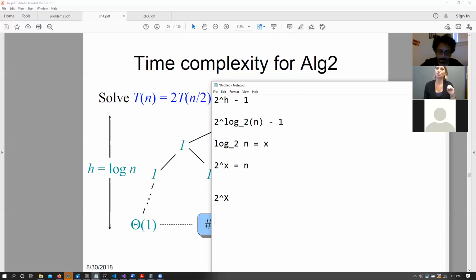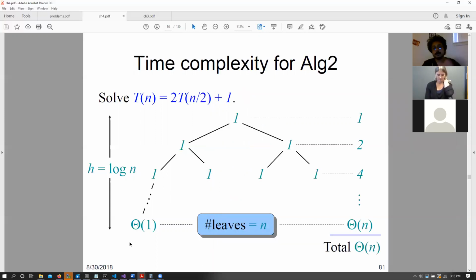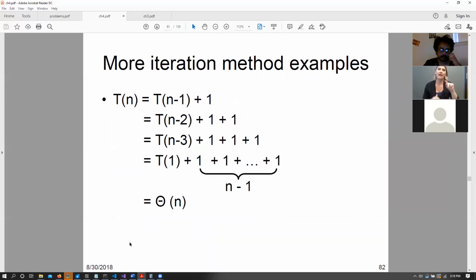So we can then say the complexity is n minus 1. Does everyone understand how the time complexity of this is n? The number of nodes in this tree is going to be n. Exactly. So the time complexity of this particular problem is theta of n.